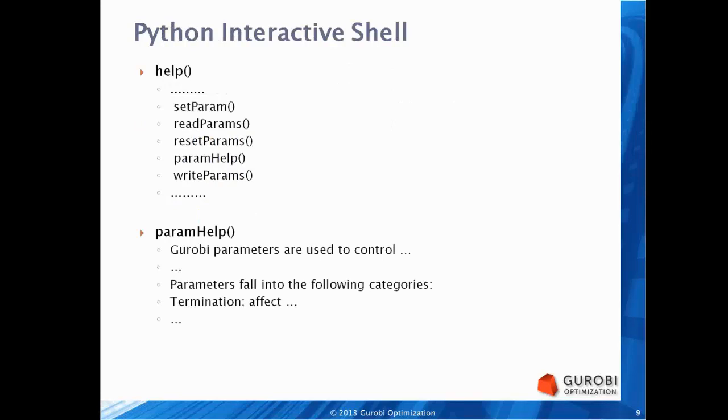If you use the Python interactive shell, you can type help, and then it will show you how to get parameter help, write parameters, and reset parameters. Then you can type paramhelp. It lists all the parameters and has a short description.